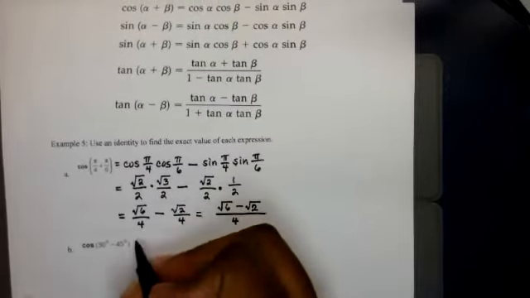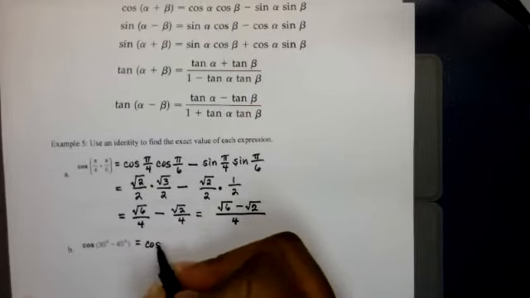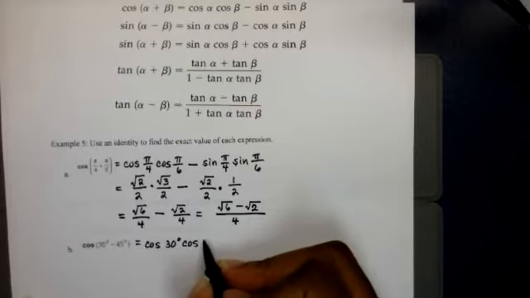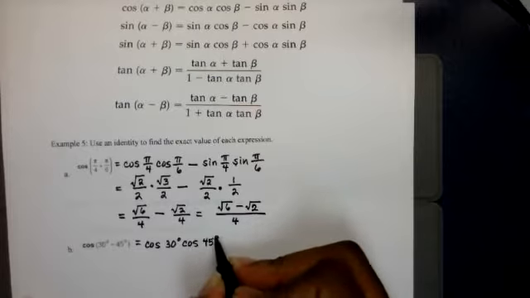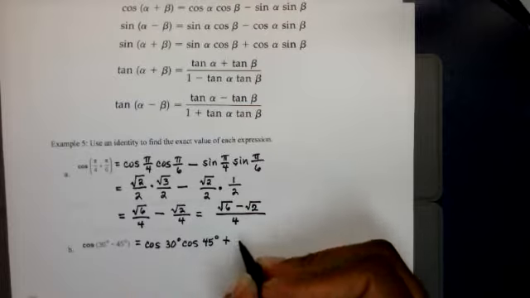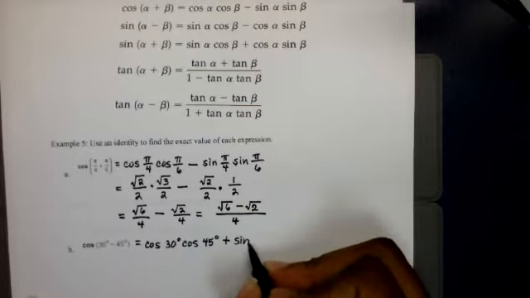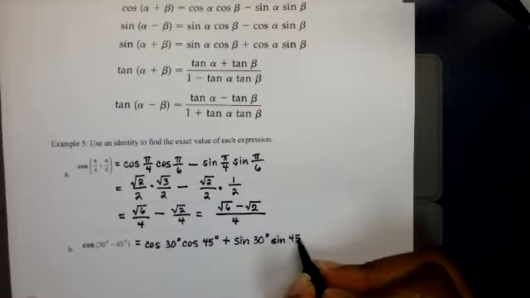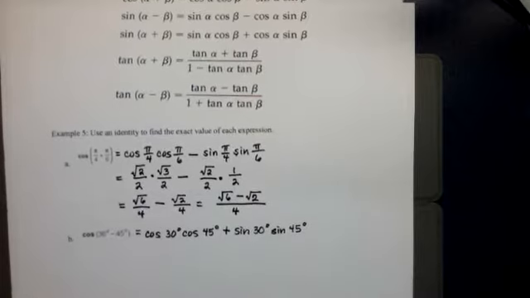So I'm going to write that as the cosine of the first angle, which is 30 degrees, times the cosine of the second, that's 45 degrees. Change that minus to a plus, sine of the first, which is 30, times the sine of the second, that's 45 degrees.